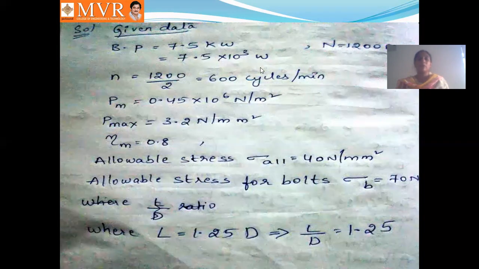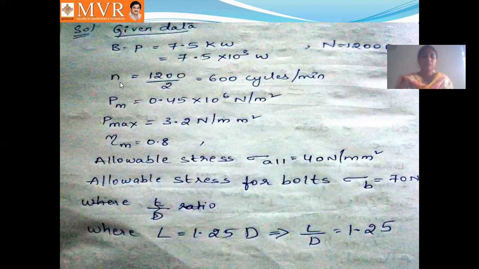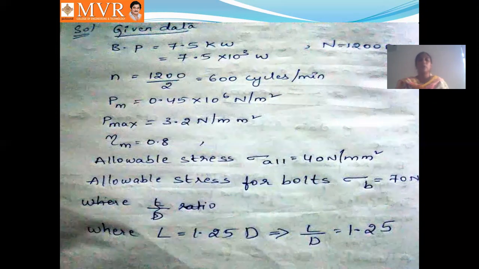We can find the number of strokes: they have given a 4-stroke petrol engine, so we take small n is equal to capital N by 2. N is 1200 rpm, so small n is 1200 by 2, which is 600 cycles per minute.